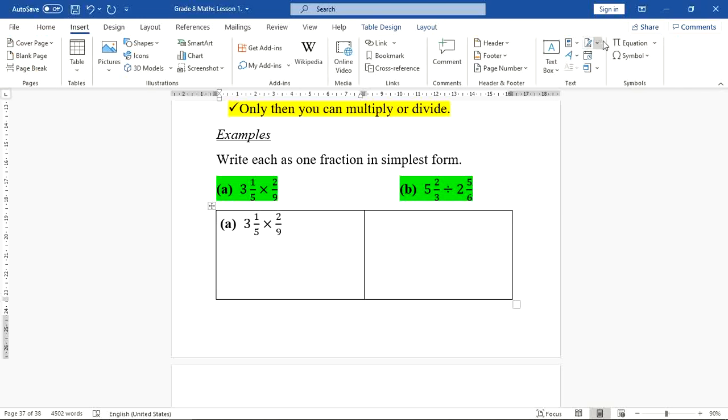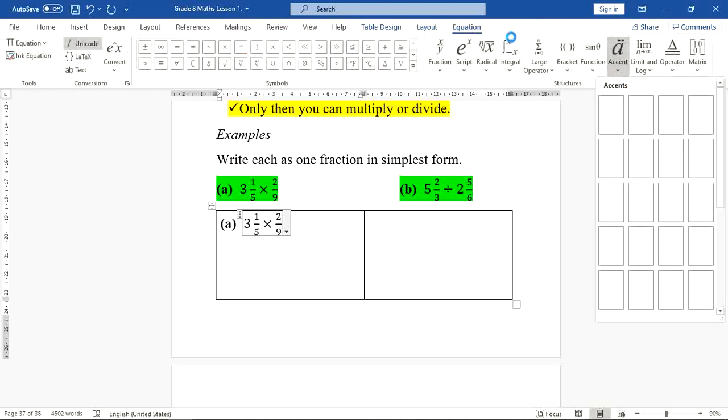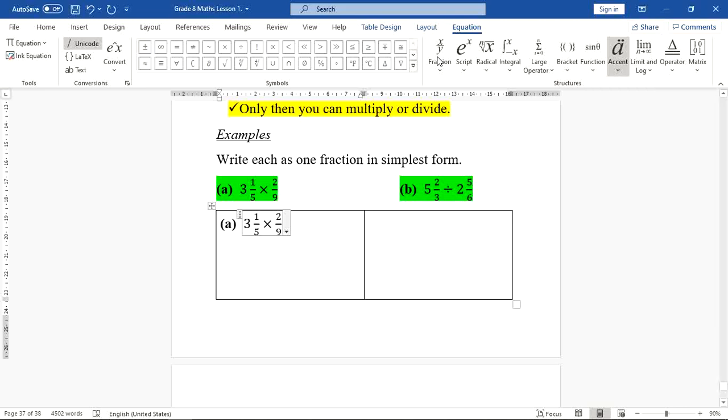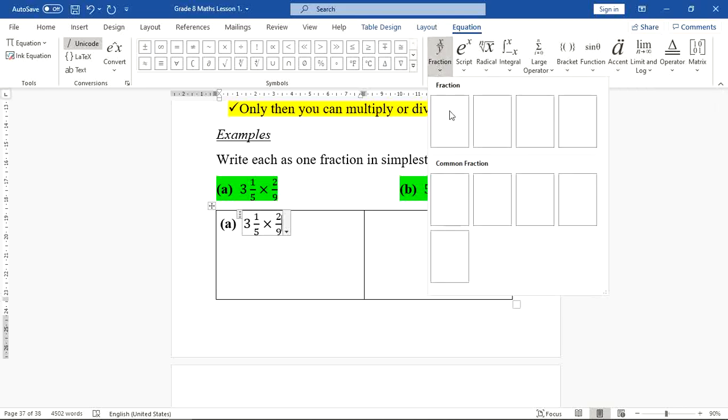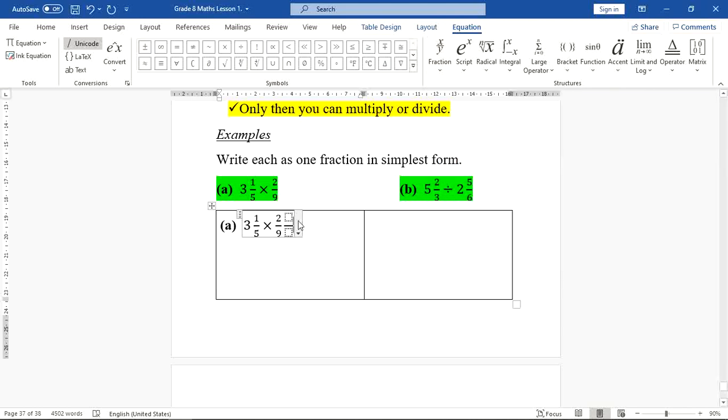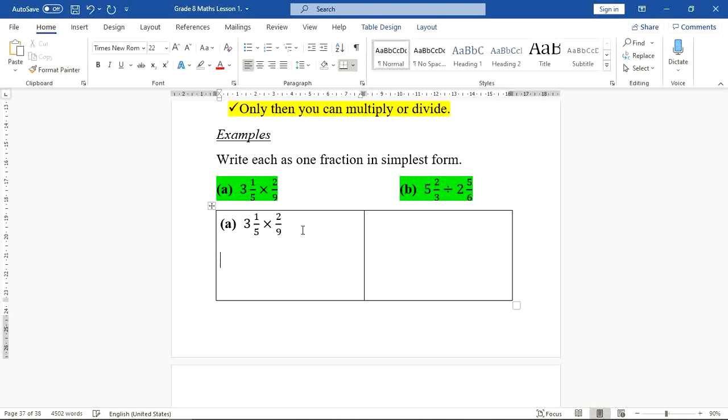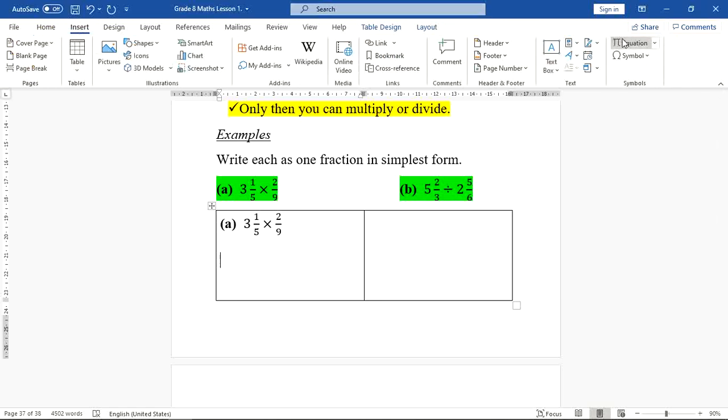So what I need to do is to multiply the 3 and the 5. Okay, it seems like we have some technical issues, but I'm going to correct them now. So we insert an equation.